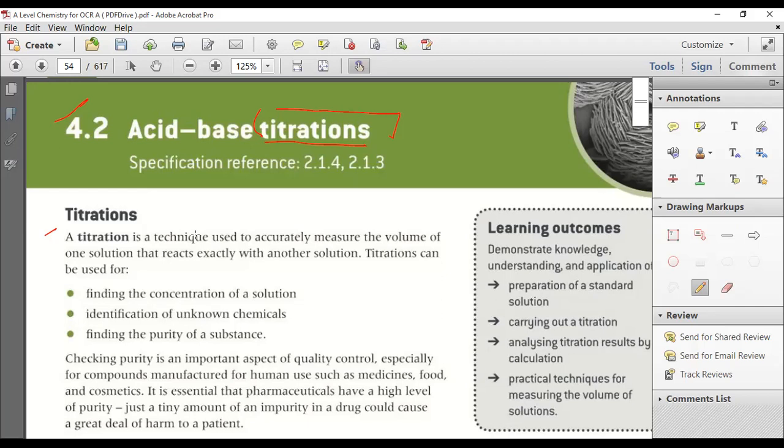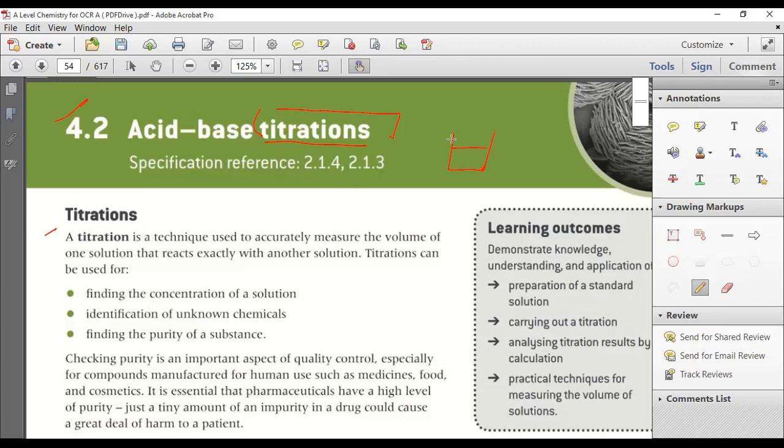Now, if you remember, in our previous lectures we have already done salt analysis. Suppose you have water, and in the water we have ammonium chloride. In order to find out whether ammonium is present or not, we do an analysis known as salt analysis or qualitative analysis.